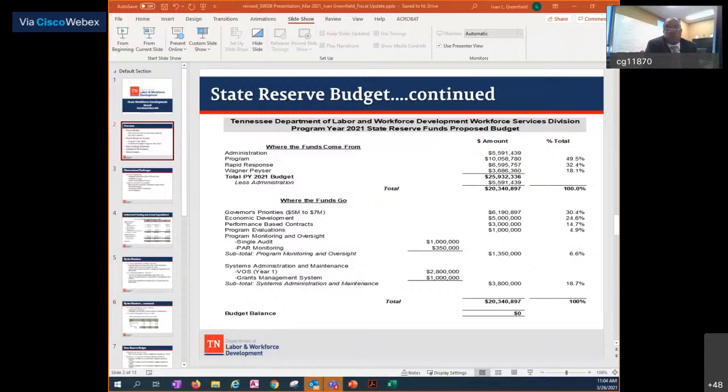So again, we're looking for approval on increasing the rapid response reserve from 10% to 25% and increasing the weight on the declining industry factor from 7% to 14%.